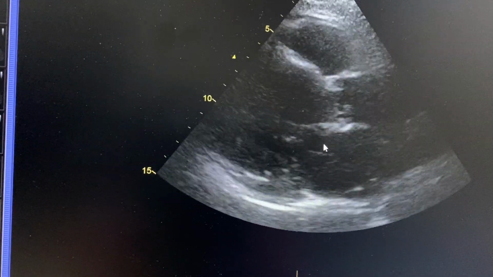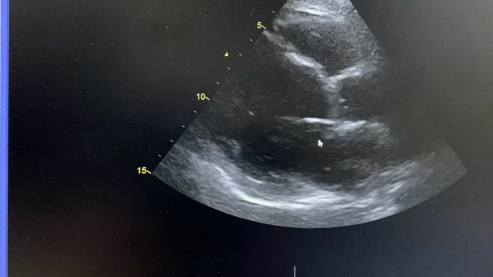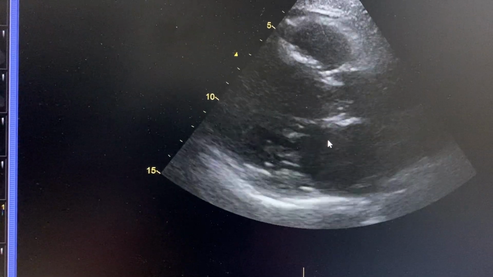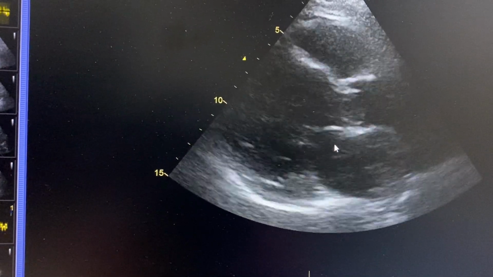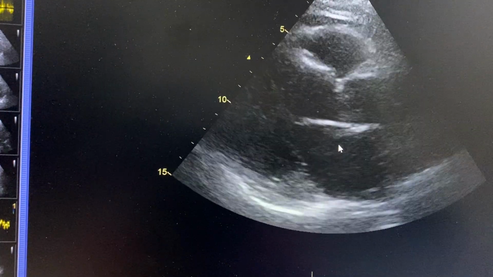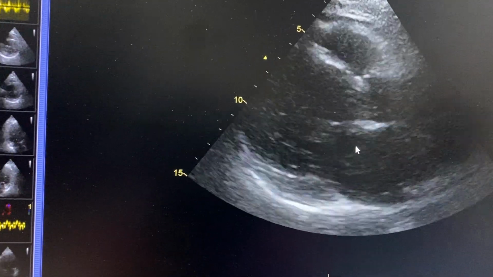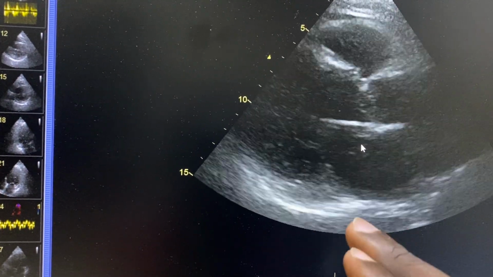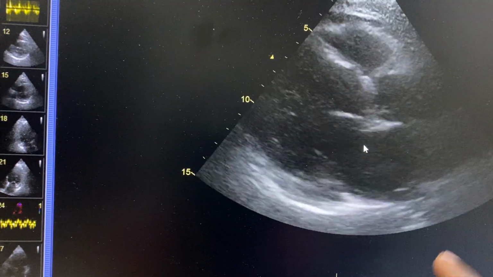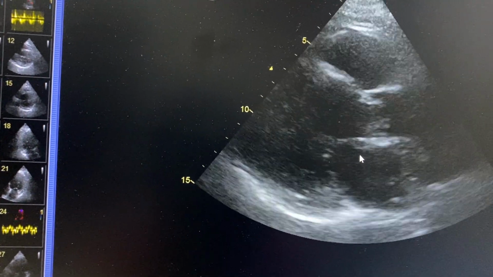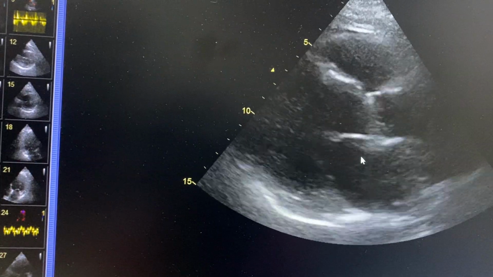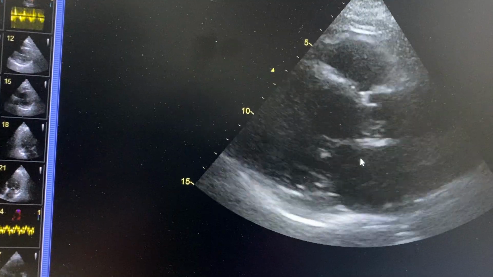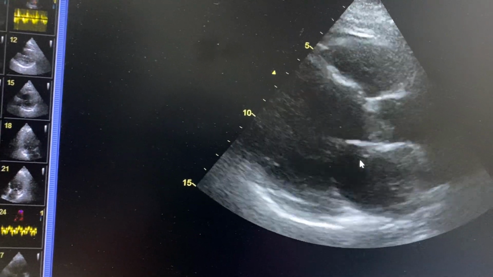Now again, remember that we do the segmentation of the LV depending on coronary artery supply. So when I use the word territory, I mean the territory supplied by a particular coronary artery. We have two main ones, RCA and the left main. The right coronary artery supplies the right ventricle and the inferior part of the interventricular septum.